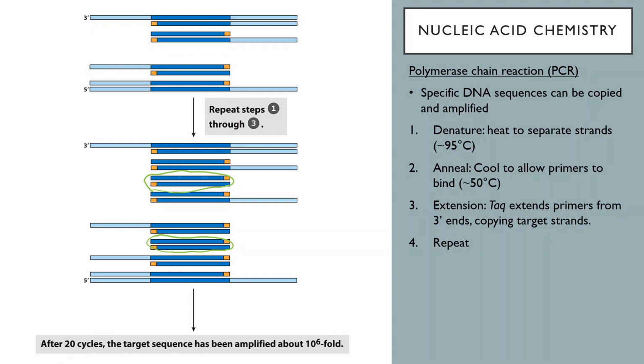Then you purify it, and then you can do whatever you want with it. You can sequence it. You can use it for genetic modification, whatever you're trying to do. So PCR is a very powerful tool. Again, let's say you're doing a coronavirus test. If a person had coronavirus, you would choose primers that are specific for a part of the coronavirus genome.